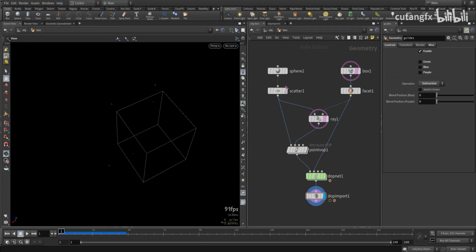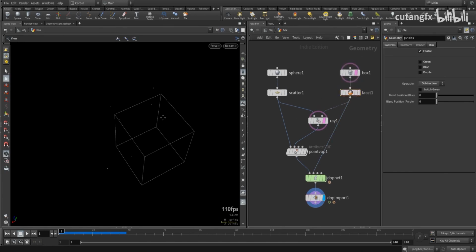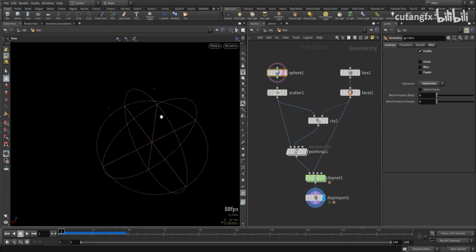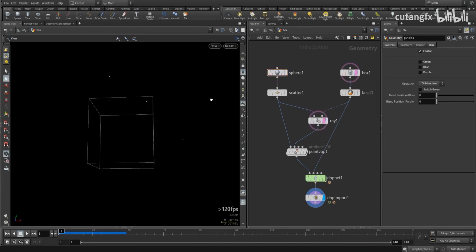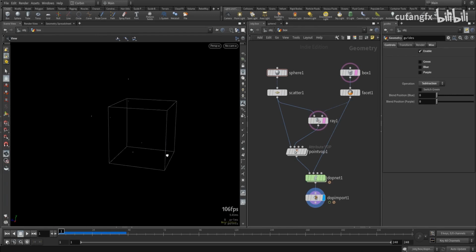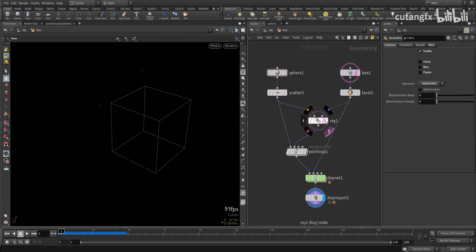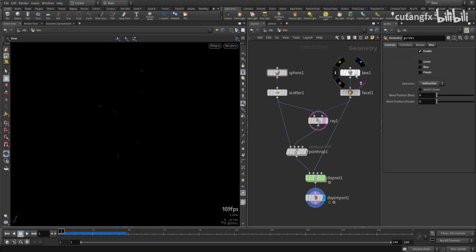So in the scene, I have a box and I have some normals on that box. I've also got a very large sphere over here that I'm scattering some points on, just to get some random floating points in space. In fact, let me switch that off for a second.